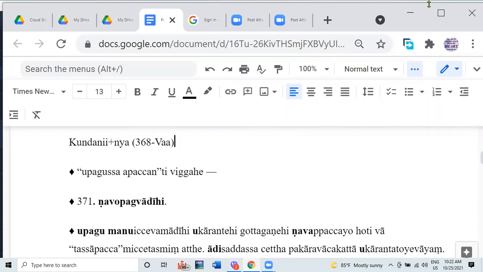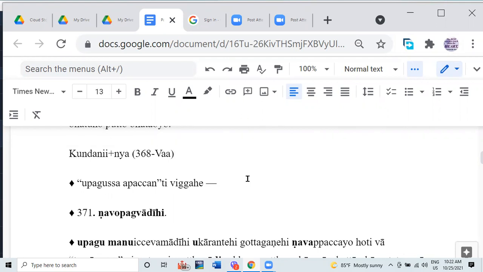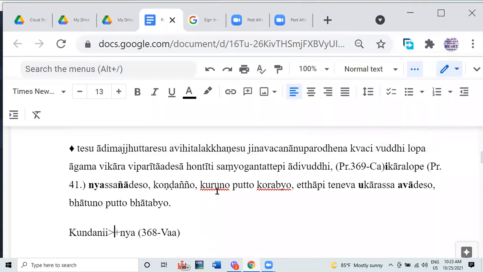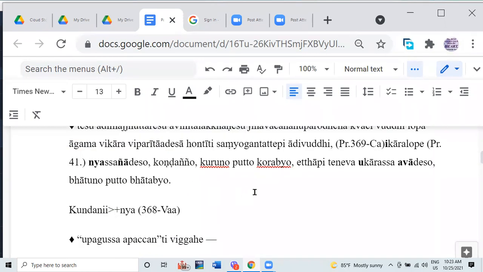And the word next space at it. Other than that we have Kondani and Nea. Right, Kondani and Nea. So because of Nea space, U of Kondani is strengthened by this sutta, although there is double consonant after.